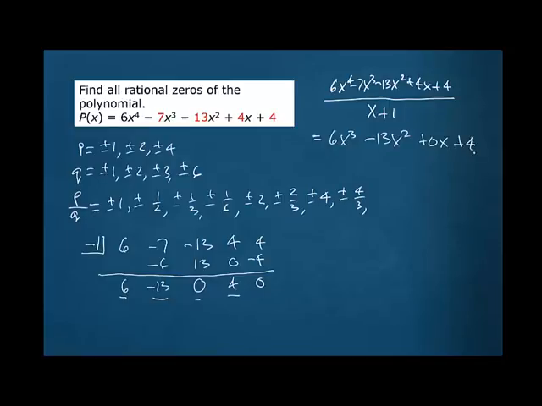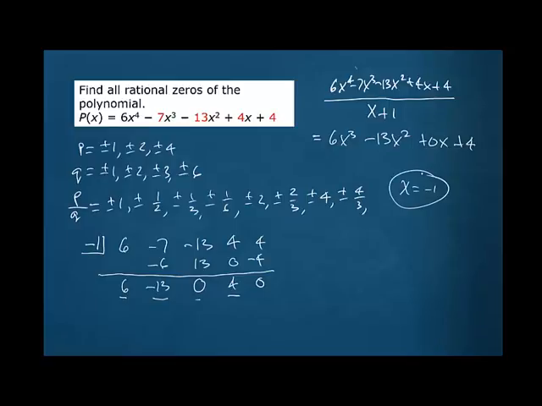Notice that the degree of this polynomial is 1 less than the degree that we started with because we divided by x to the first. So now we have identified one of the rational roots, and that is -1.